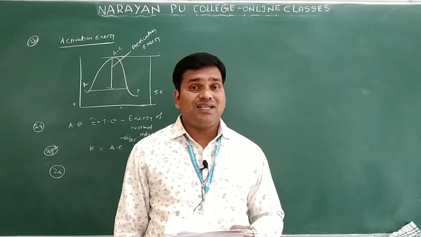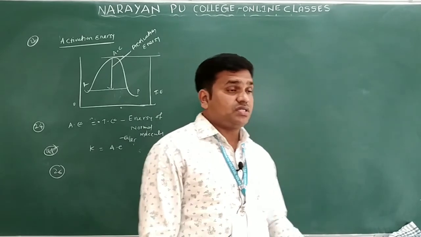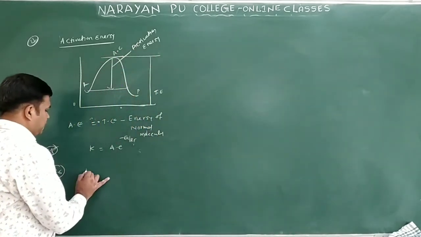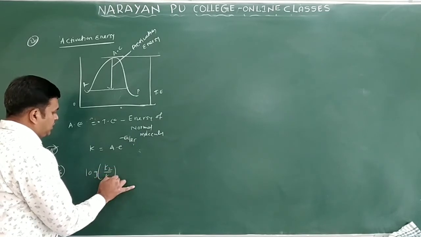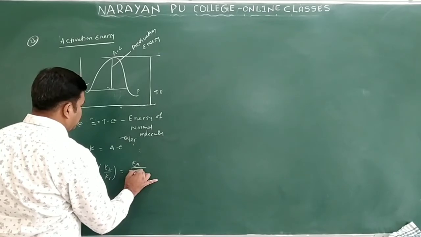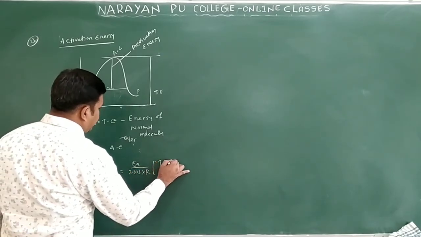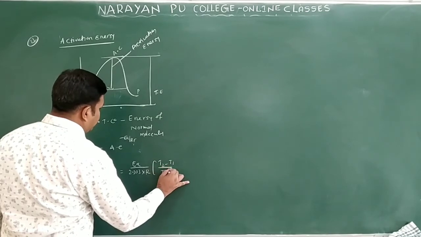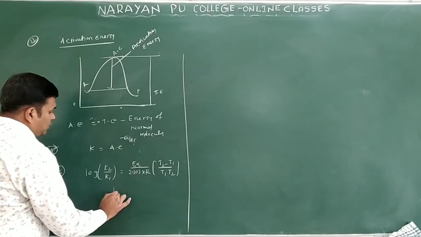This is the Arrhenius equation at two different temperatures with two different rate constants.